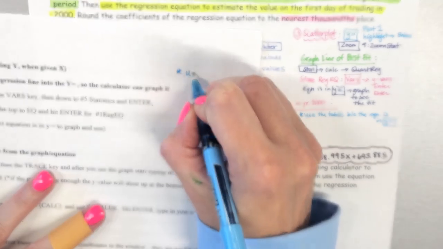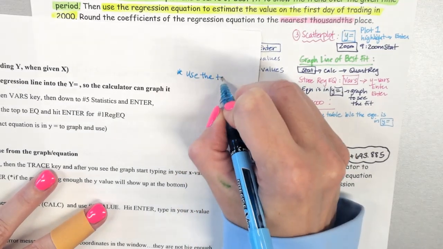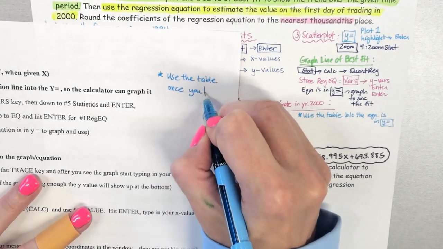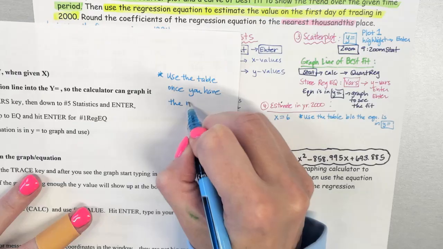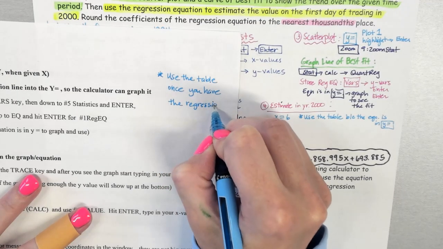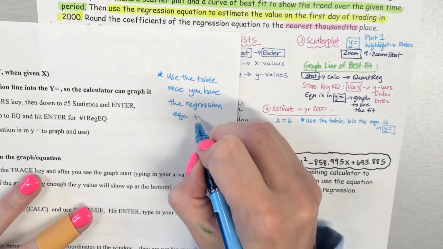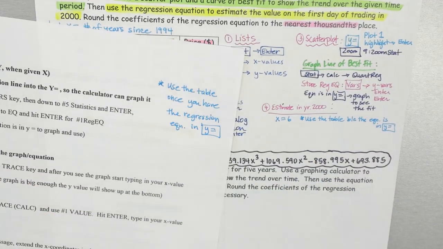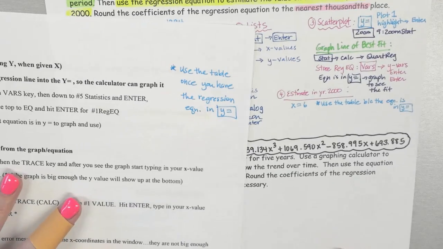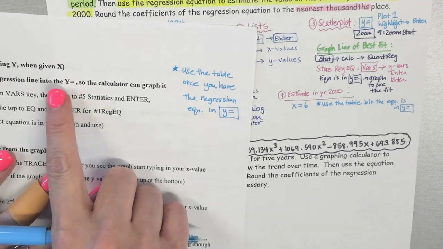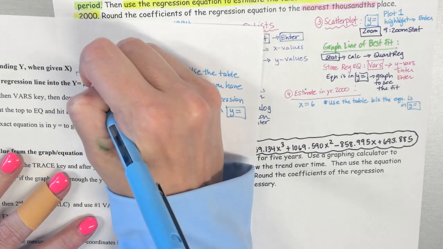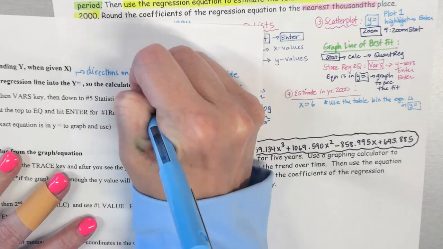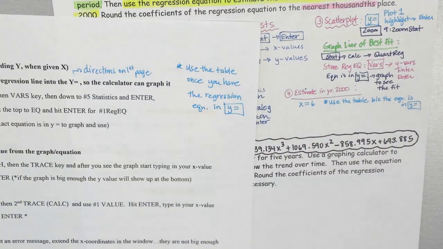Okay, you can use the table, which is the quickest way. Once you have the regression equation in y equals, which is what I just showed you. Okay, so it says first copy the regression line.